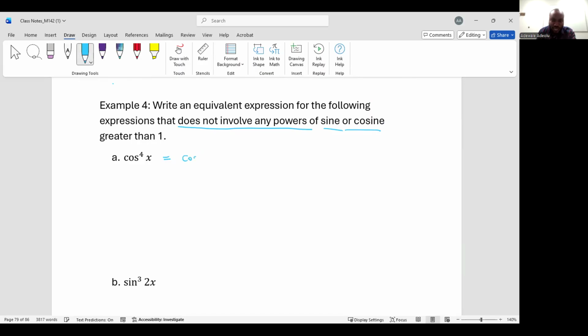This same thing means I can write it as cosine of x raised to power 4, which is the same thing as cosine of x raised to power 2, everything raised to power 2, which is the same thing as cosine squared of x raised to power 2. That is fine, I believe.